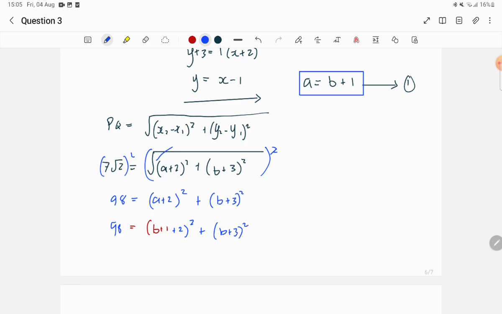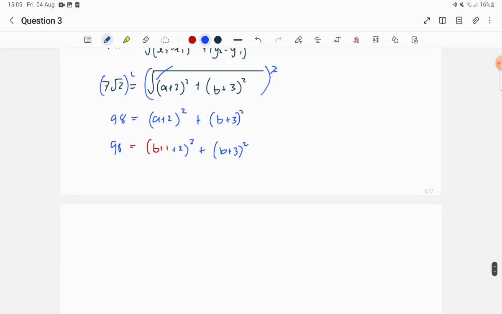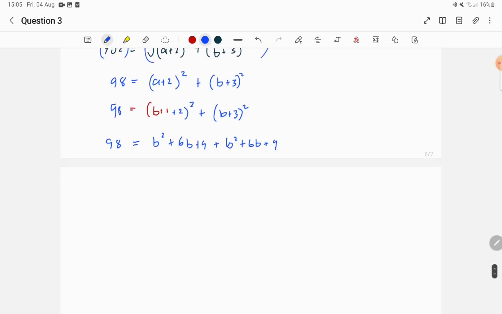And as you can see in this equation, the only thing that's unknown now is b. So now we can open up all our brackets. It will be 98 is equal to b squared plus 6b plus 9, plus b squared plus 6b plus 9.